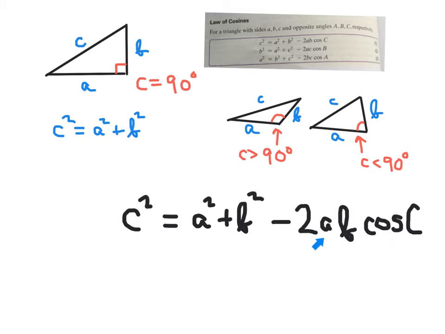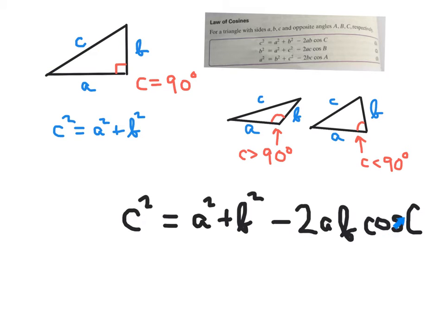So this is positive, so that means that I'm subtracting a positive number. So that means that c squared is going to be less than a squared plus b squared, right? When you kind of scrunch these two legs together, then this side is going to get shorter.